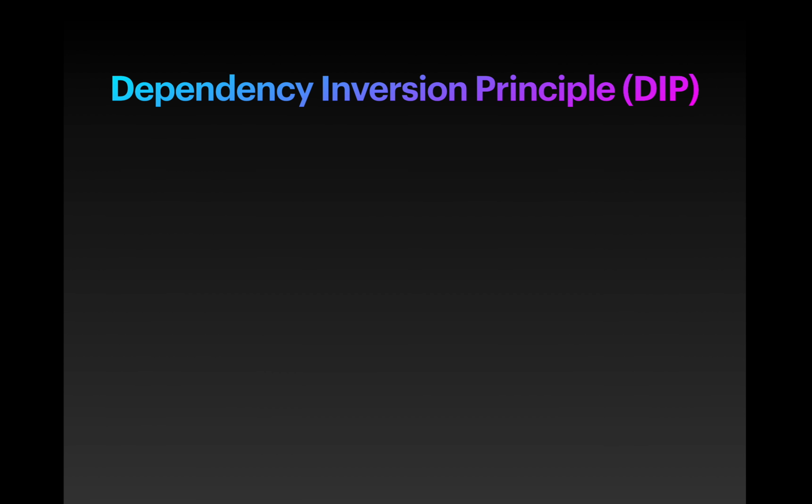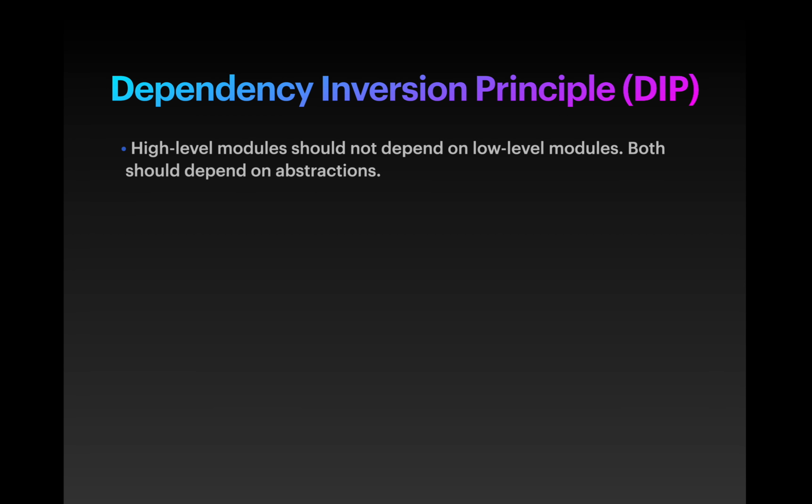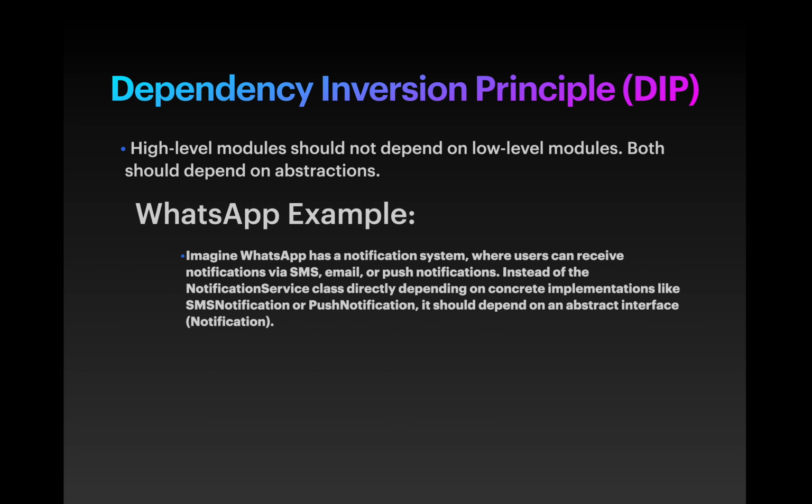So next we have dependency inversion. This principle says that a high-level module should not depend on a low-level module. Both should depend on abstraction. So let's suppose the WhatsApp example. Imagine the WhatsApp notification system where a user can receive notifications via SMS, email, or push notification.